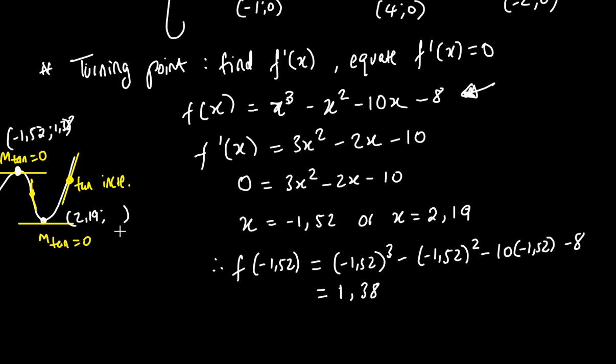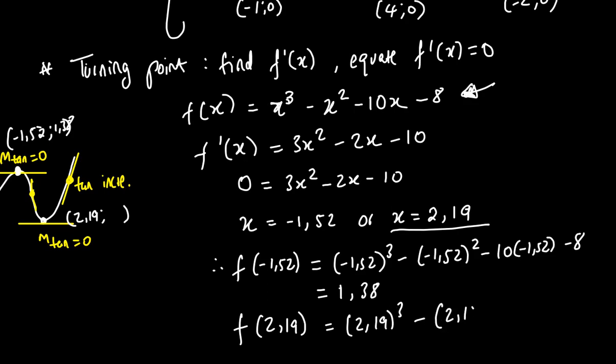So it means here it will be 1.38 there. Then you substitute for here, right? You then say, what about for this one? F of 2.19, the y value would be what? It would be 2.19 cubed minus 2.19 squared minus 10 into 2.19 and then minus 8. Then what would be the answer here, right?